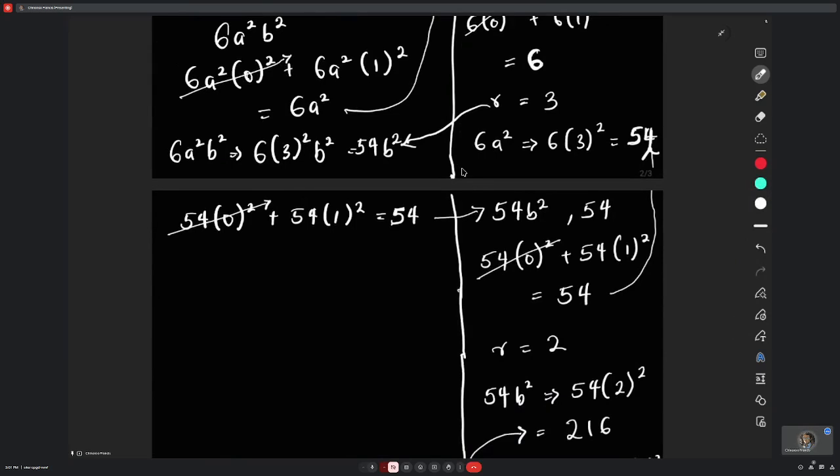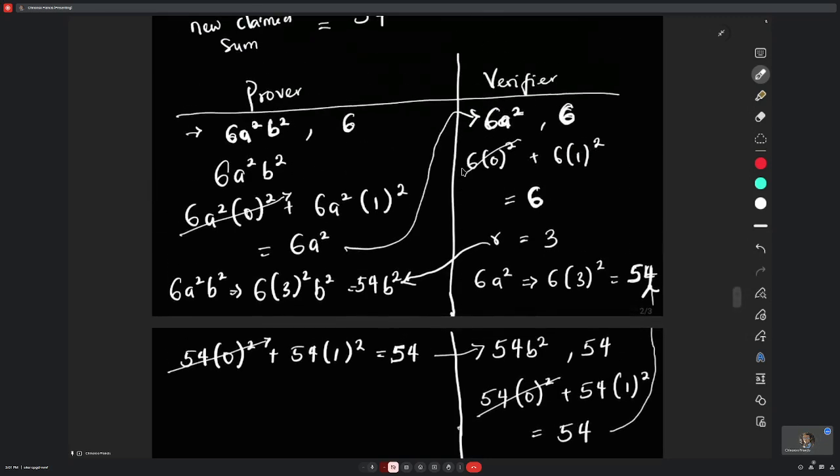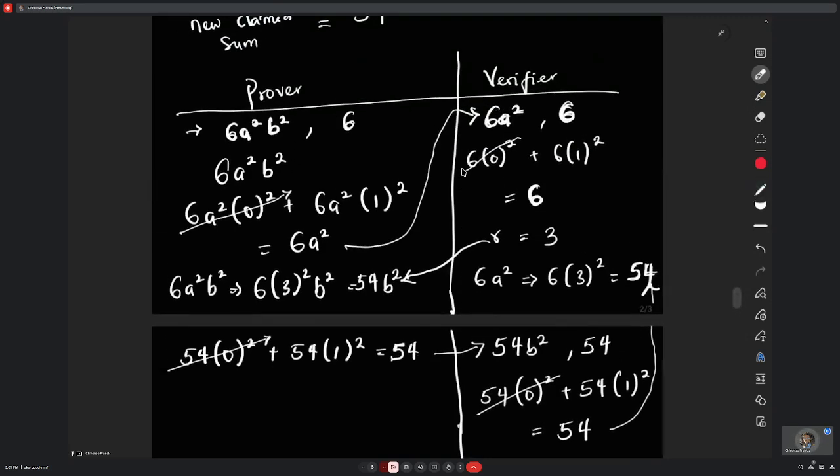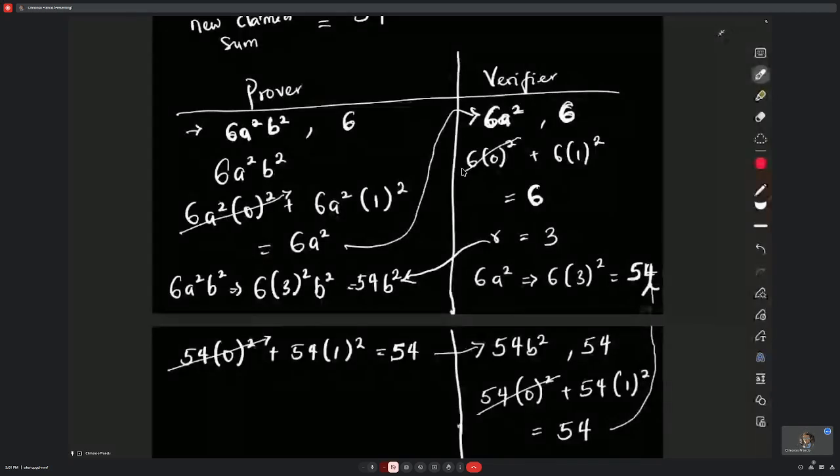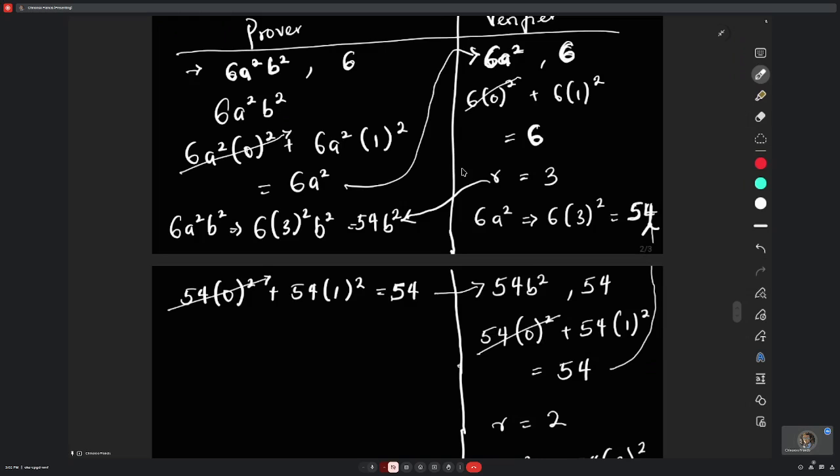Well, the answer is basically when the prover sent this polynomial 6a squared, 6a squared is a degree 2 polynomial, right? And a degree 2 polynomial, if you want to represent it in evaluation form, is 3 points: the evaluation at 0, at 1, and at 2.